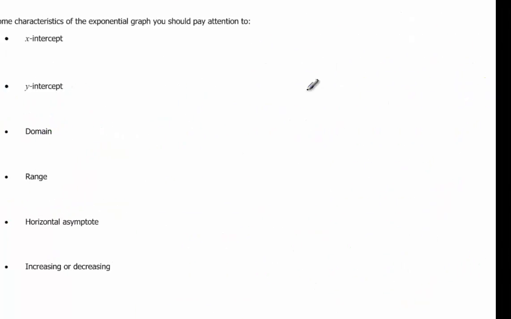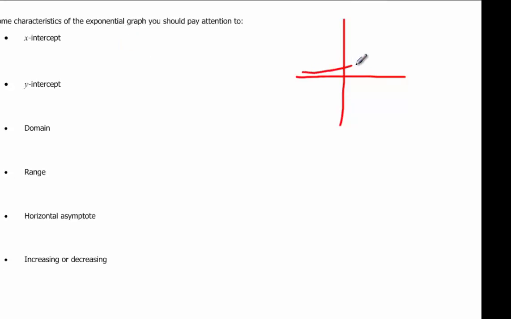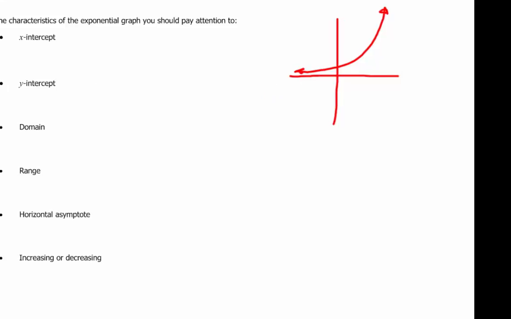Let's look at some characteristics now of graphs. The x-intercept. Well, we can say that there are no x-intercepts. If you look at those graphs carefully, if we put an increasing graph in here, b greater than 1, a greater than 0, we can see that this graph goes forever and ever left and right, but it never crosses the x-axis.